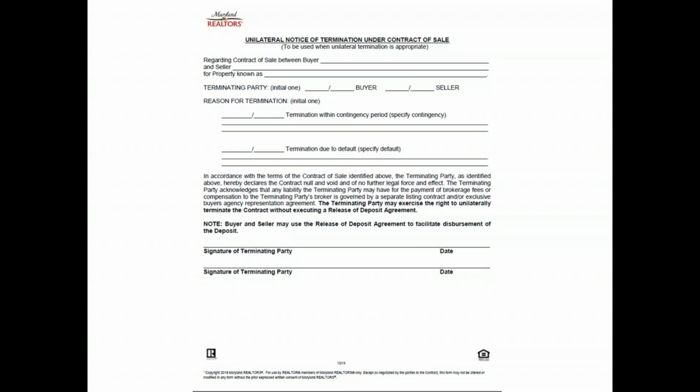I would say the best practice is to go ahead and use the release of deposit agreement, because we know that it complies with the statute if the broker is holding it. But could a different version of a release of deposit agreement form be signed? Yes. It doesn't have to be the Maryland Realtors version, but that form is a good one to use. Any other questions on that one?